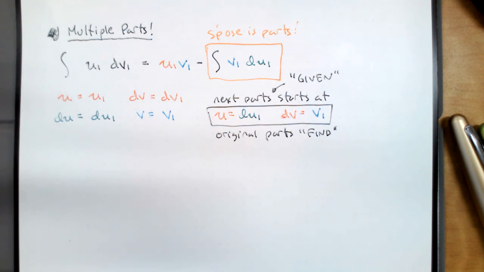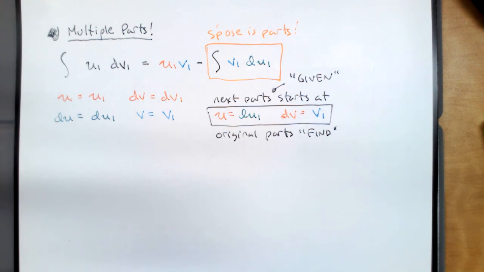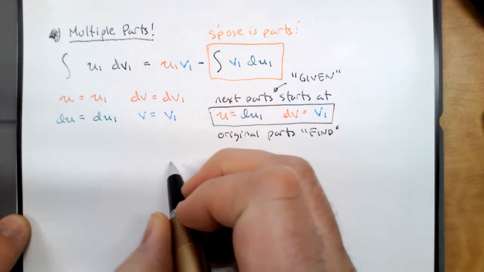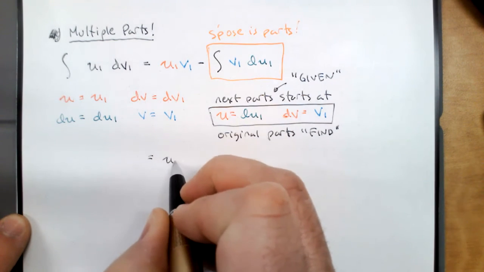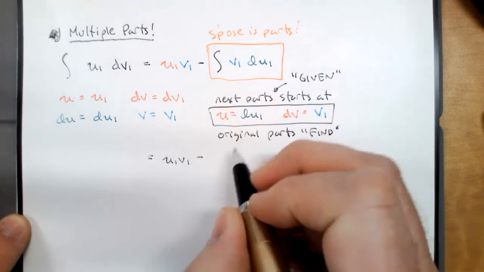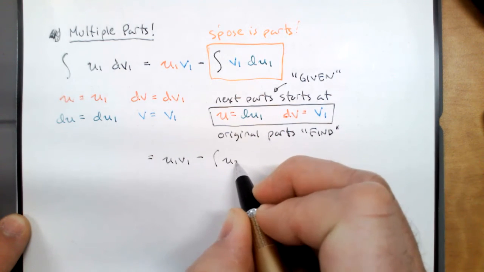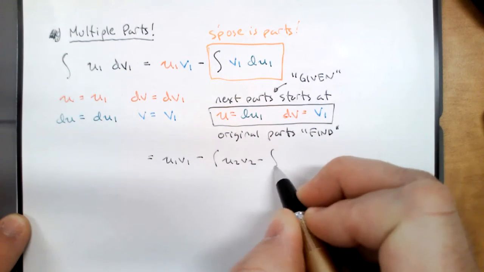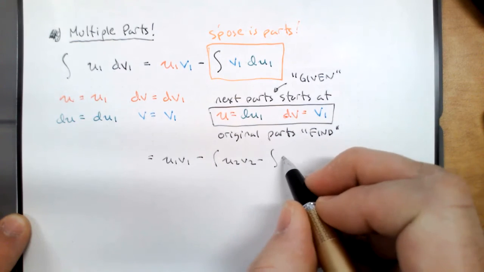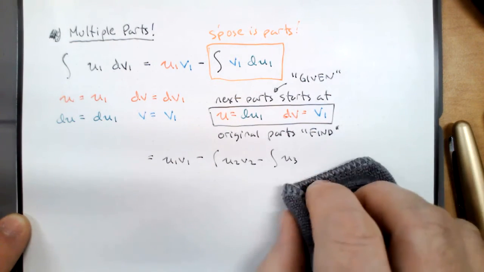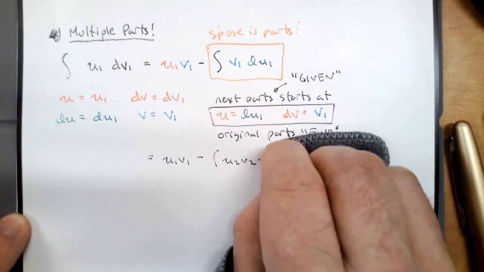We're going to have a second derivative of u. So we'll end up with u1 v1 minus, and then parts is going to be u2 v2 minus the integral from parts is going to be the u3, oops. So minus, I need parentheses, not an integral.